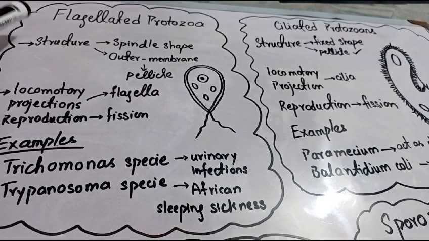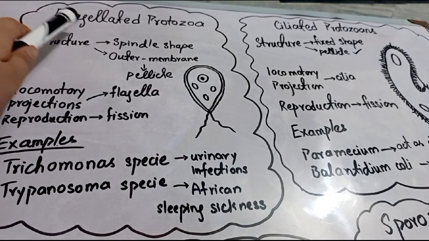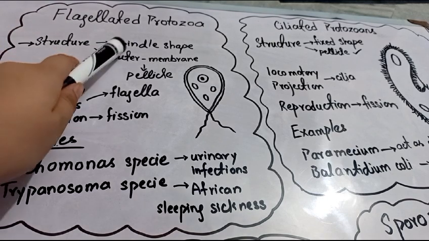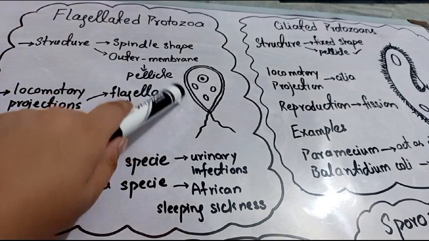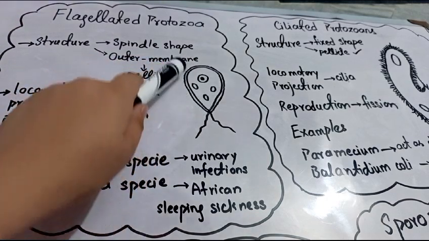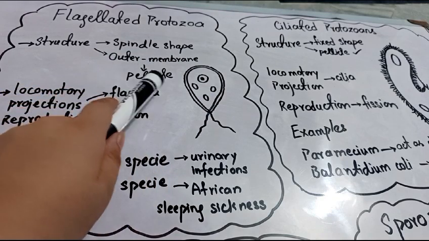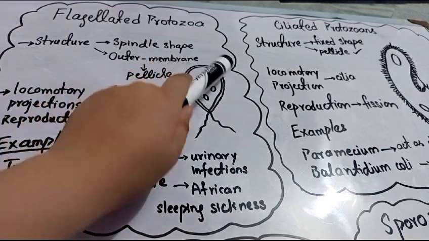So now the first type of protozoa is the flagellated protozoa. Let's discuss their structure. They have a spindle shaped structure. As you can see in the diagram, they have a spindle shape, and they have an outer membrane which is called the pellicle.